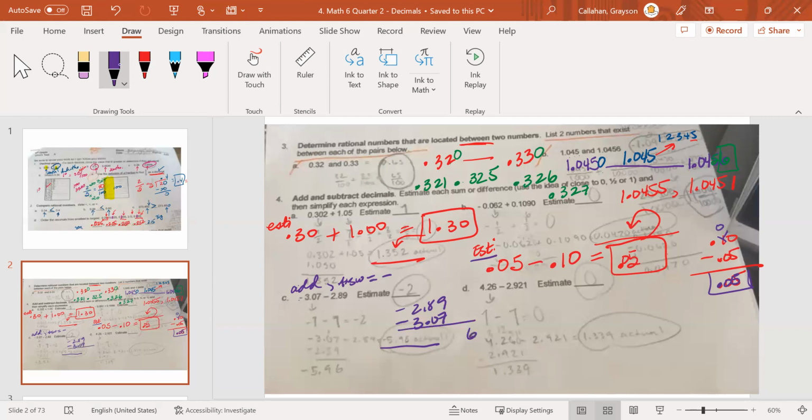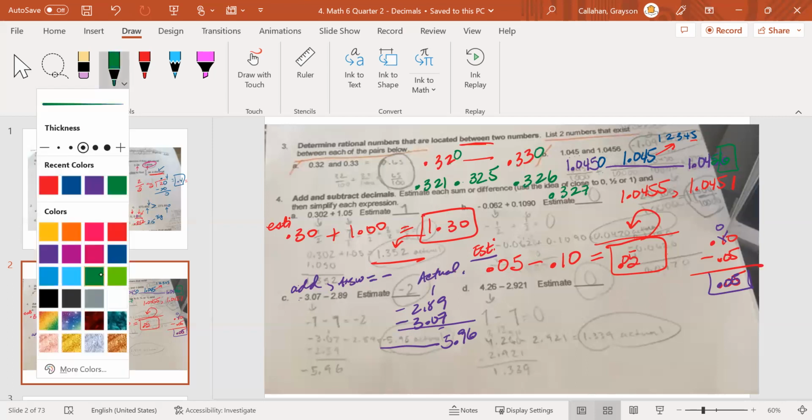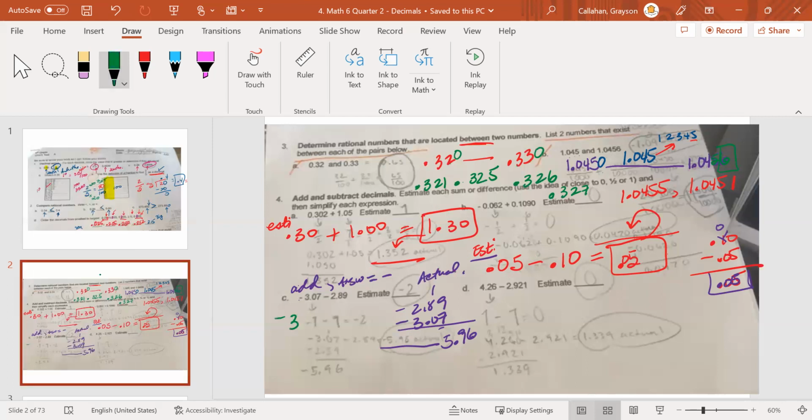So that's gonna be a 6, 9, 5, negative 5.95, or 6, right? This is the actual. So then when you go ahead and estimate this, the estimating is this will just be 3.00 minus, you could just do 3, right? Because 2.89 is very close to 3, which is negative 6.00. So this right here is the estimate. That's the actual. And do you see how they're pretty close? Okay. All right, let's do one more.